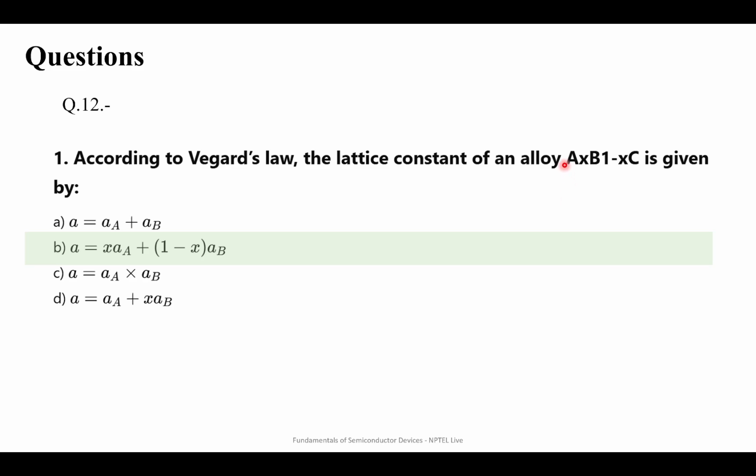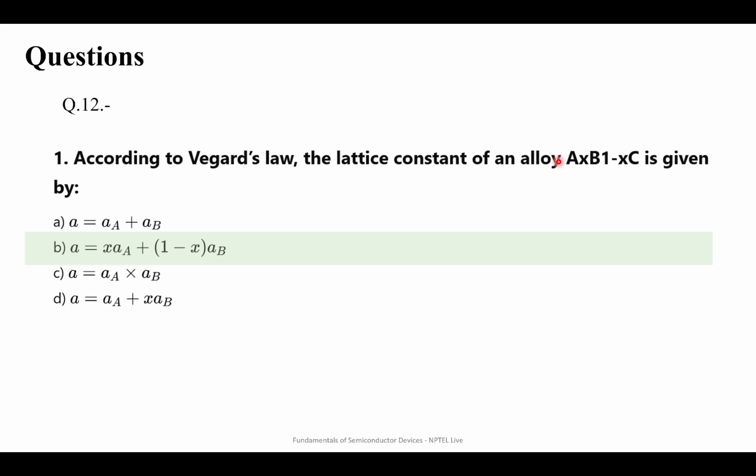So you have two compound semiconductors AC and BC, where A and B are different, C is common, and now you are creating an alloy between them. This x is called the mole fraction. In 1 mole of this compound A_x B_(1-x) C, how many moles of A will be there?